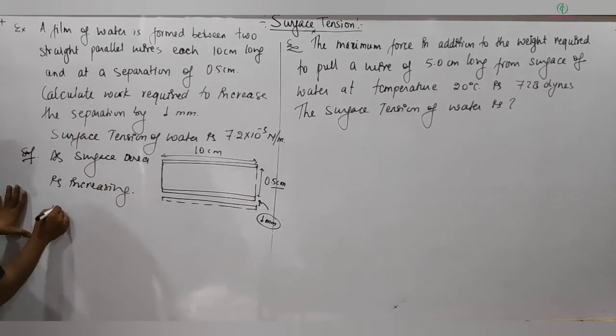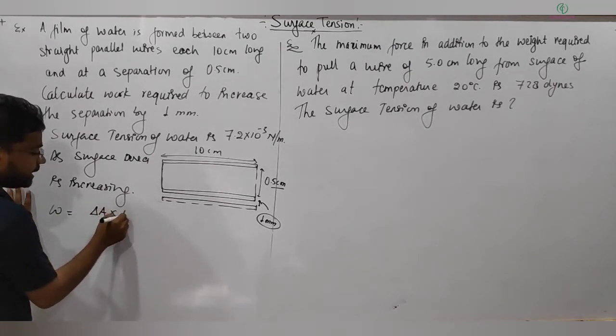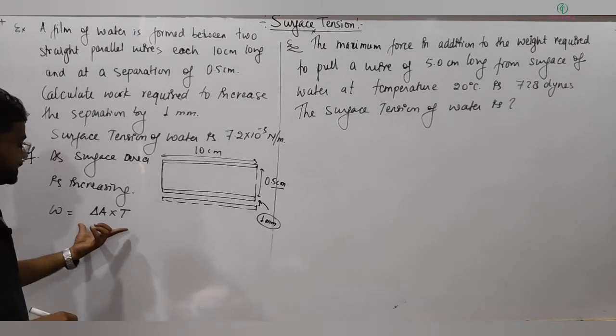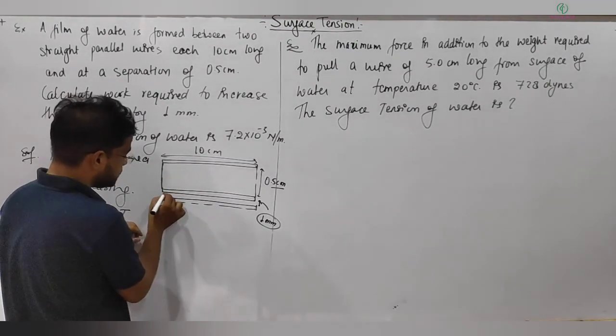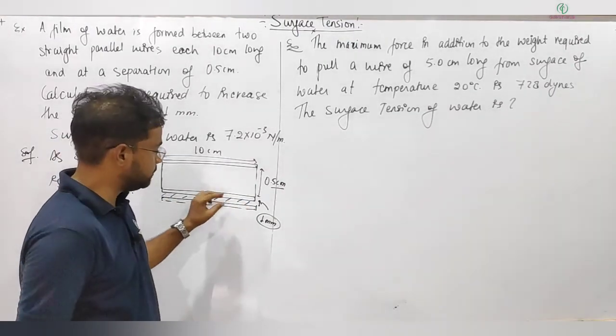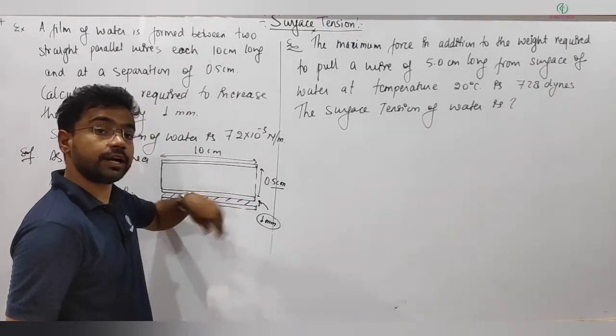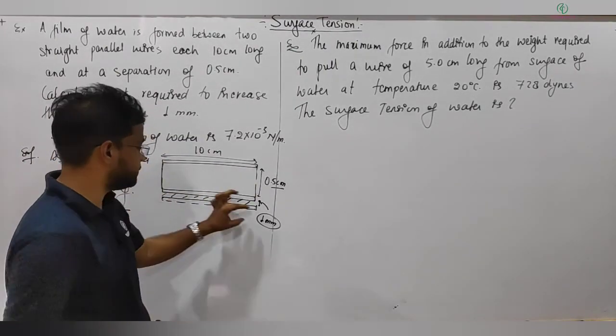Work done we can write is equal to delta A multiplied by surface tension. Next, what is the change in area? We need to count here that the film will have two surfaces, one this side, another back side. So the total increase in surface area will be 2 times this surface area.